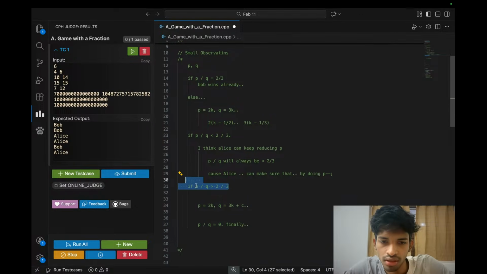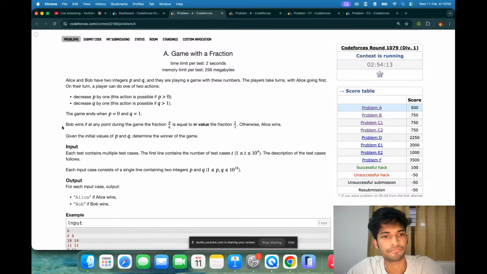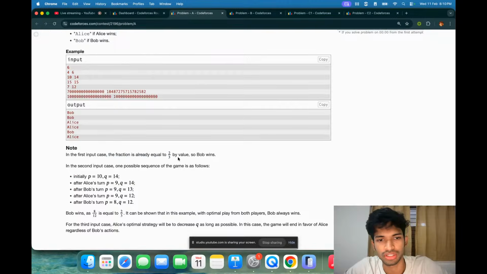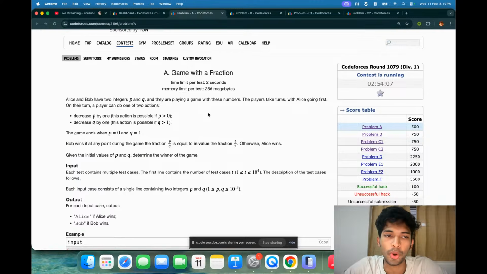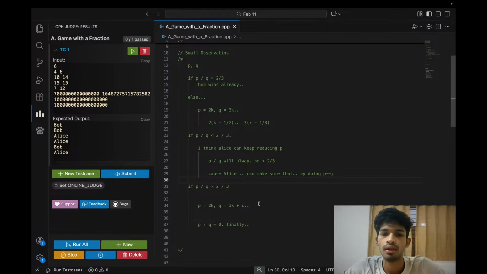Initially it is greater than 2 by 3. I think at some point it will definitely come to 2 by 3 if this is the case, or it will come close to 2 by 3. Here Bob won already. First, it's already 2 by 3. If at any point it is like that, it is gone.